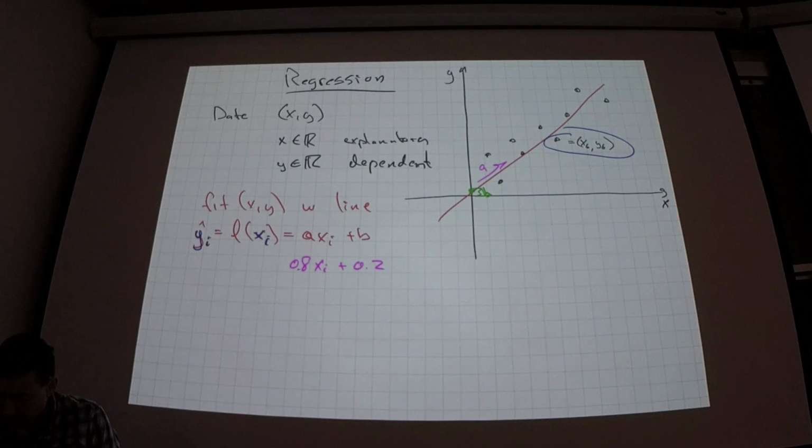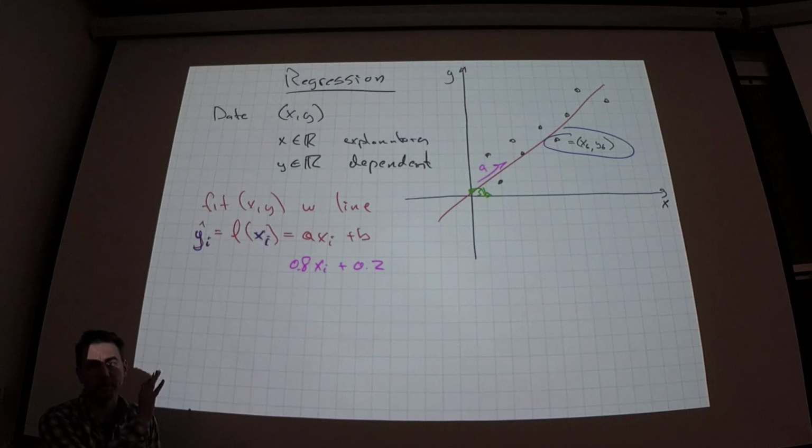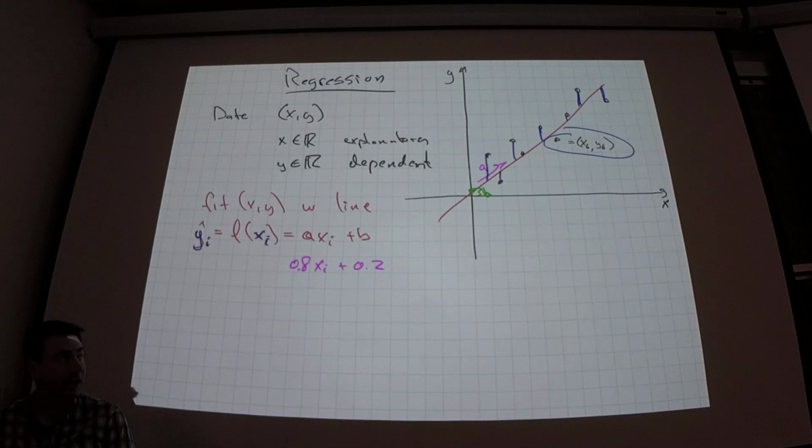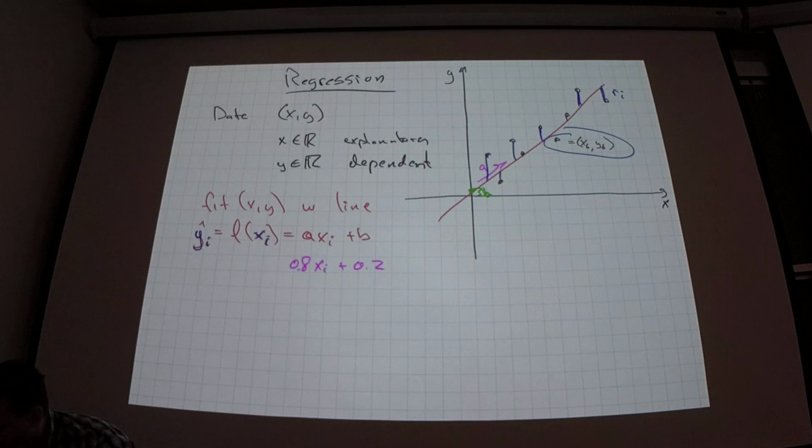All right, but I think the most important thing to take away from this picture is that the error is being measured in the difference in the y value. Okay? So basically I'm getting these differences in the y value, and this is my error. This is Ri, right? In the case here, this is R6.